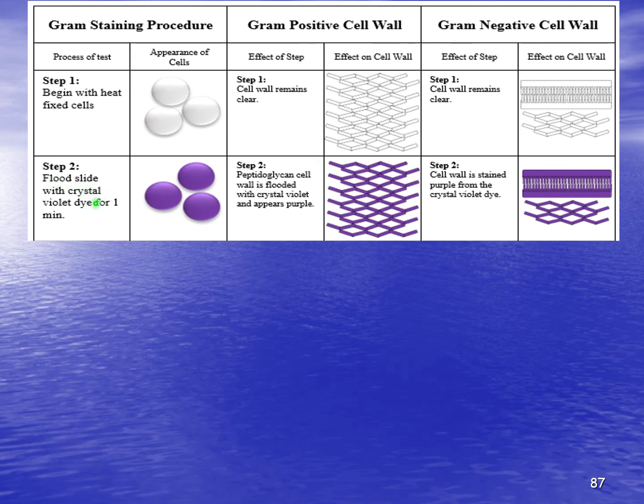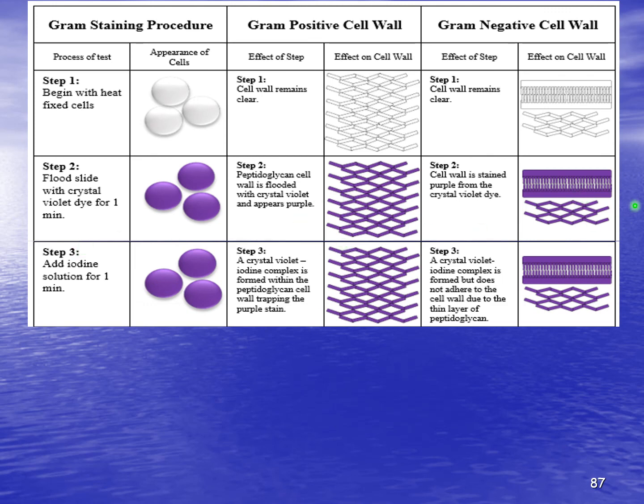We'll flood the slide with crystal violet for 1 to 2 minutes, depending upon what procedure you use. Everybody stains purple. Whether you're gram positive or gram negative, everybody stains purple. So if you were to look at the slide after the application of the crystal violet dye, this would be a simple stain at this point, and every cell is going to stain purple.